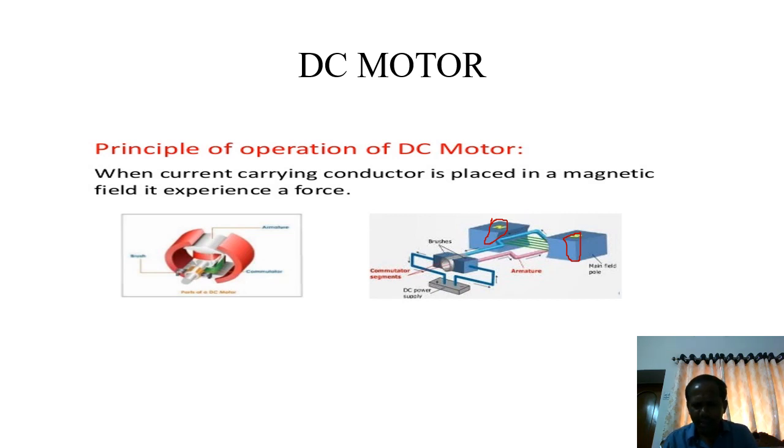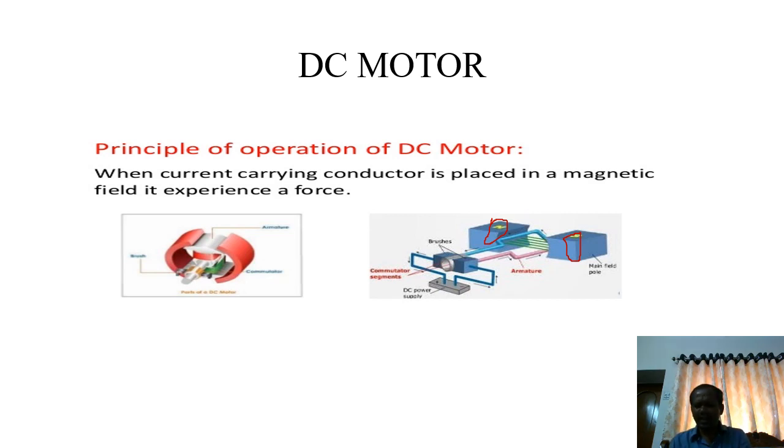And these are commutator segments here. You are connecting the commutator segments, and on them two brushes are placed. The brushes have positive and negative terminals, and we are giving the DC source. This is the armature, and these are the magnetic poles, north pole and south pole.